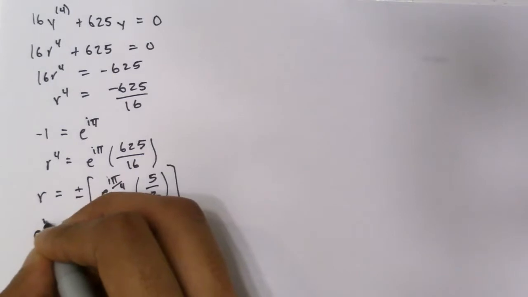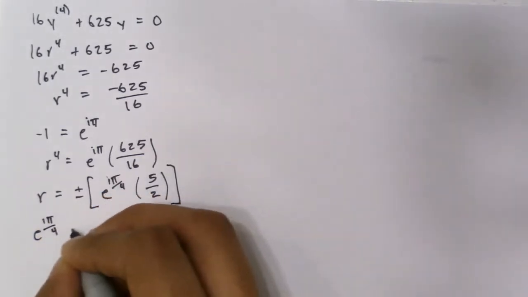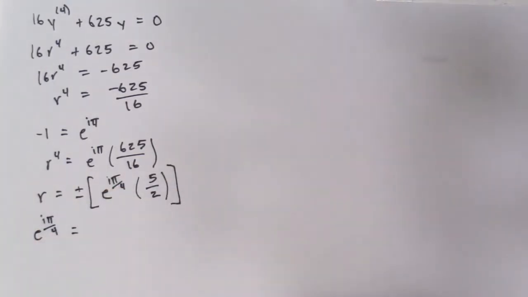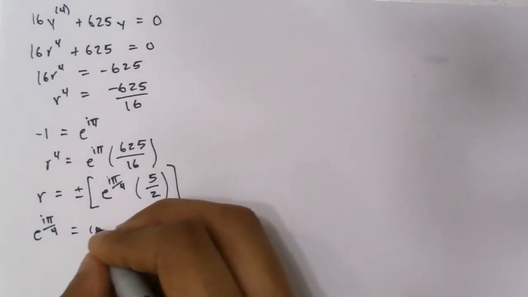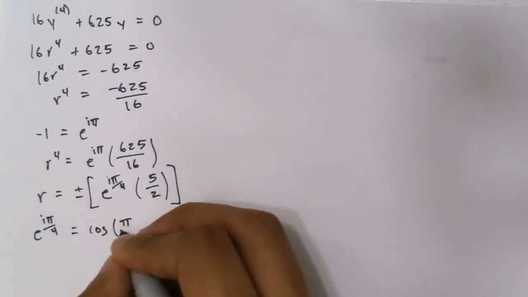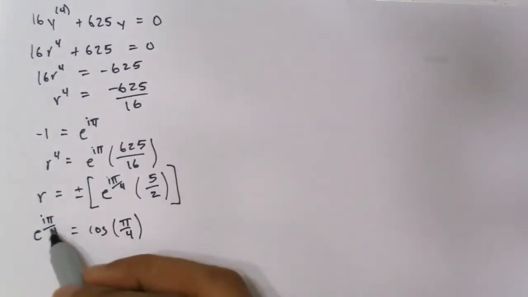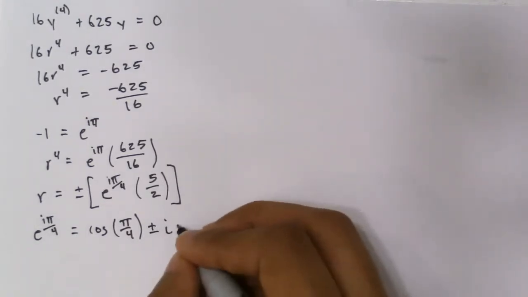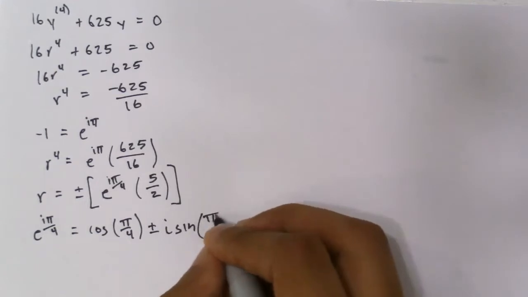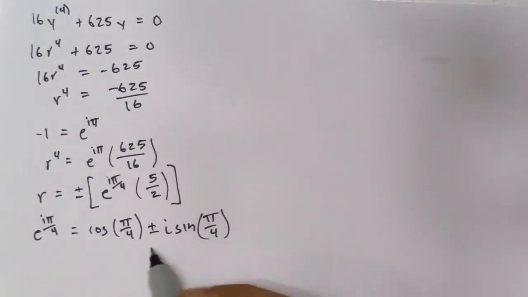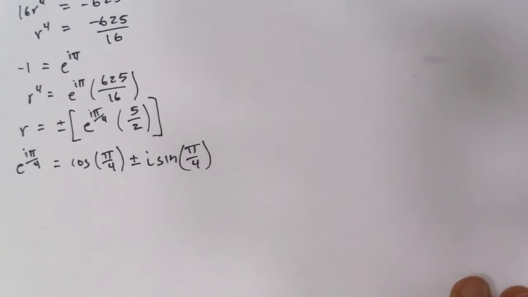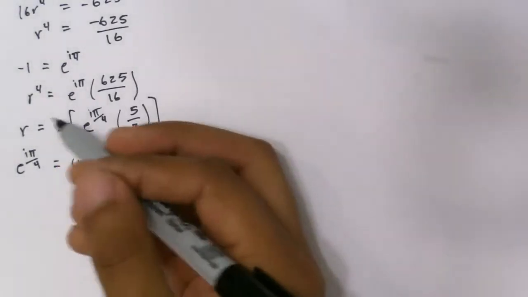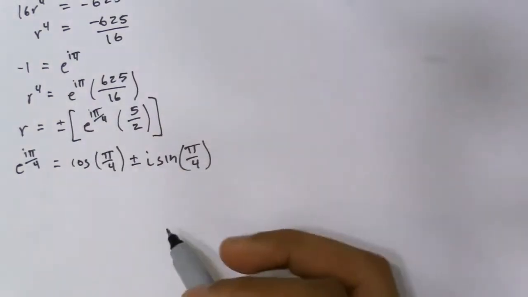So I could write e to the i pi over 4 simply as cosine pi over 4, plus or minus i sine pi over 4. Pi over 4 comes from this part. And these two are equal. Alright, so what I can do now, I could plug this into this equation right here.